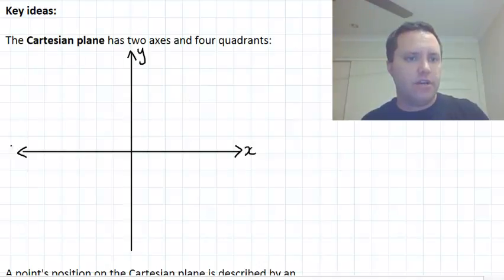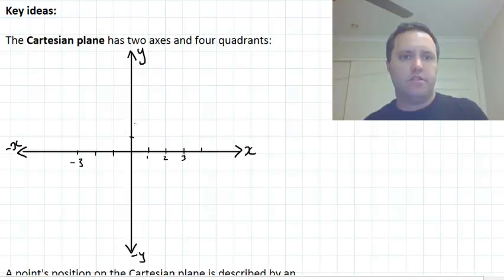Okay, so obviously it goes down to negative x, and this way is negative y. All right, usually it's sort of marked out in integer lengths here, so 1, 2, 3. These would be negatives, y is positive in this direction, and y is negative in this direction.